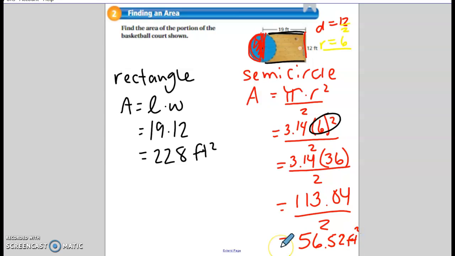Now, I want the area of the whole basketball court. That is this whole thing, which is the rectangle plus the semicircle.